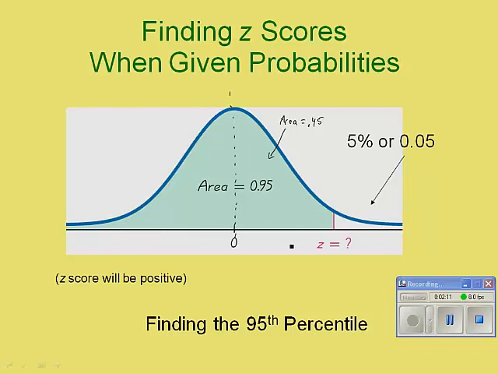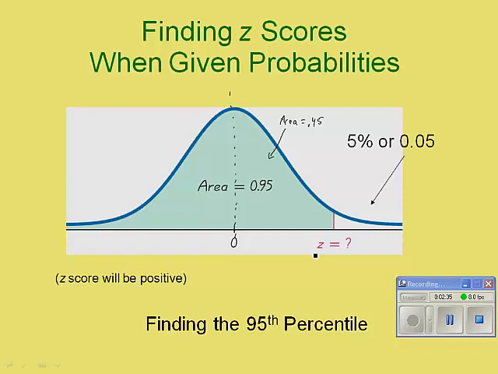And now I say, okay, what should z equal? See, this is going backwards. This is where Annette might have an advantage, because she was looking at the tables in the back. She's going to look in the back of the book and try to find a z-score that'll give me the right area.